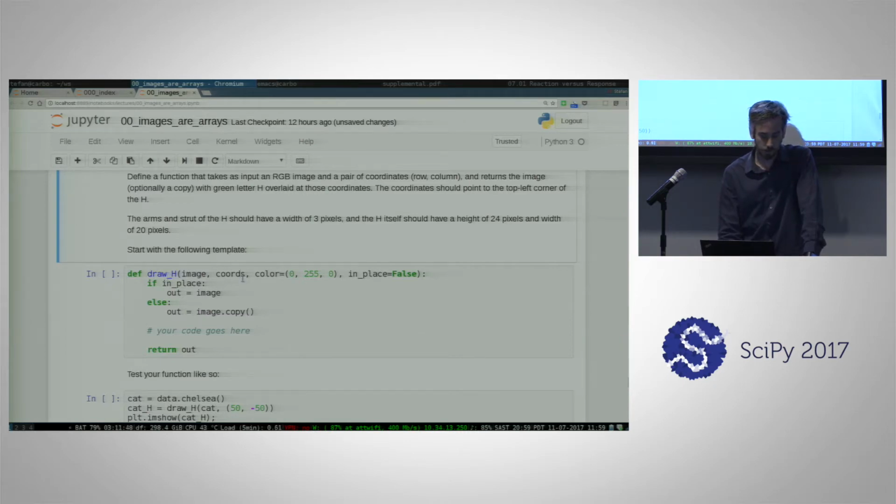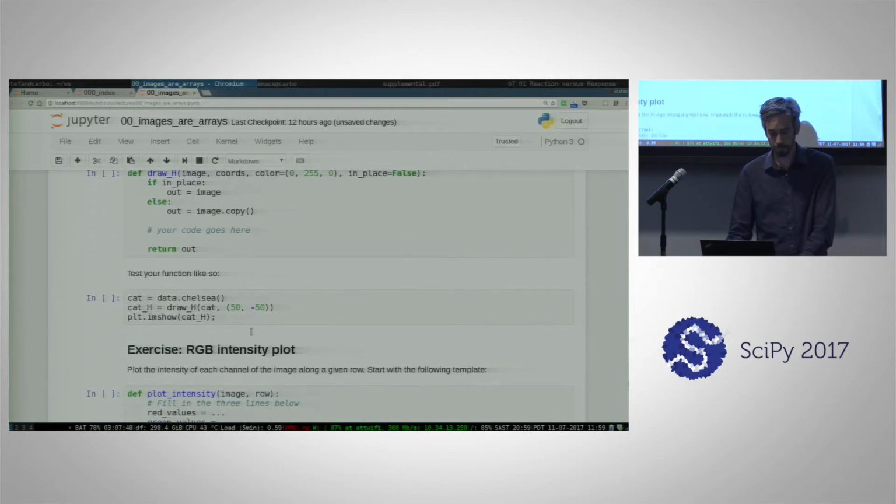I give you the coordinate at which you should draw it, the color of the letter, and whether it should be in place or not. In place means take the image, modify the values. If it's not in place, take the image, make a copy first, and then modify the values. So here's a template that you can fill out.